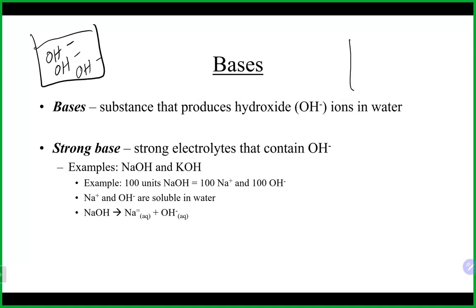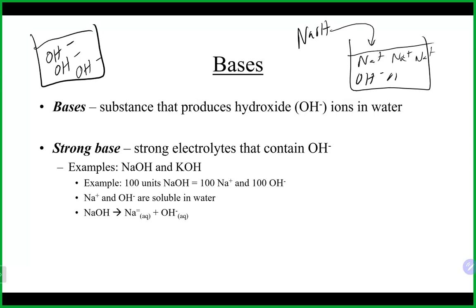So once again, if you dumped your sodium hydroxide, which is a strong base, it's 100% going to break apart into sodium ions and hydroxide ions, basically. And in this case, you will not have any of that NaOH unit still together. It's going to completely pop apart into ions. Here you produce a lot of hydroxide ions really quickly.